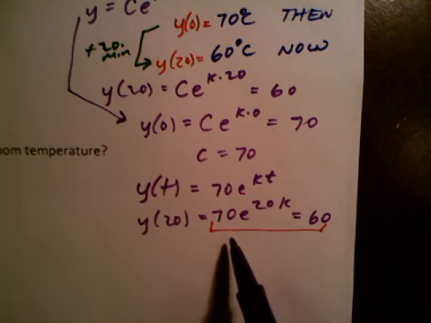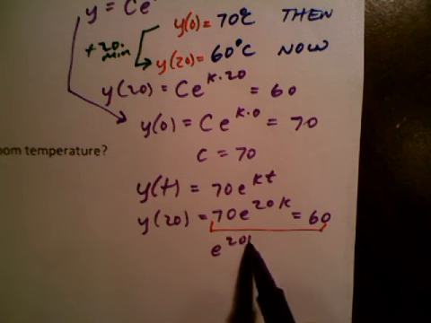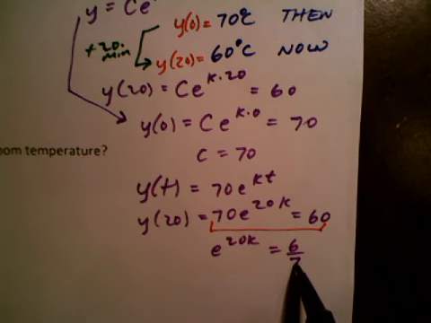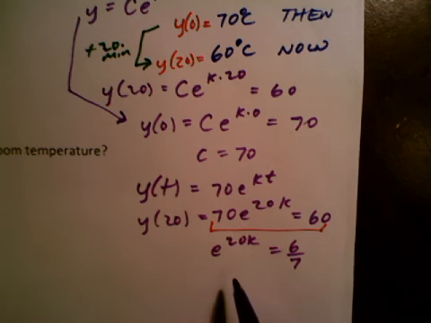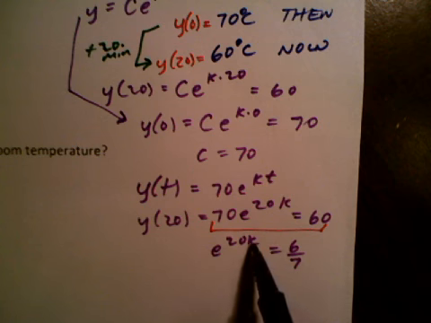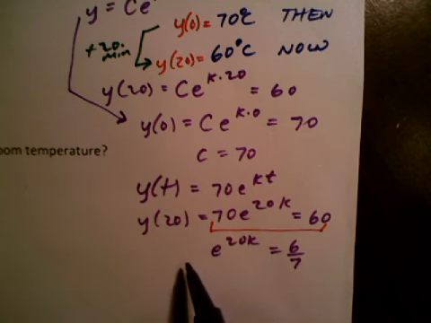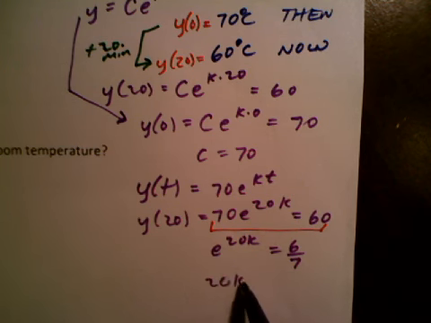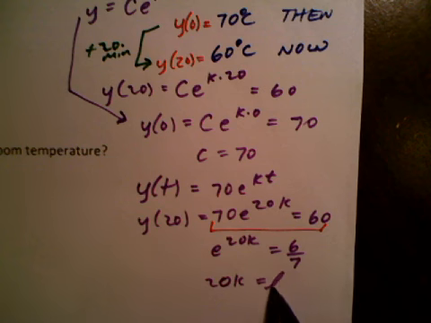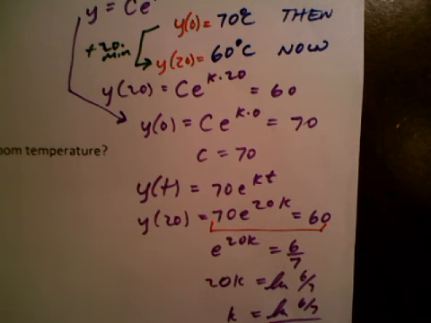So if we divide both sides by 70, then we reduce the fraction, and we now have an exponential equation. We're solving for k. We need to convert to logs or take the log of both sides. So we get 20k equals ln of 6 over 7. And if we want to find k, we take ln of 6 over 7, divide that entire expression by 20.